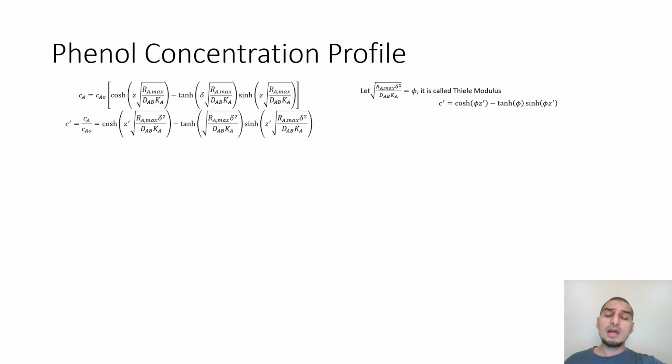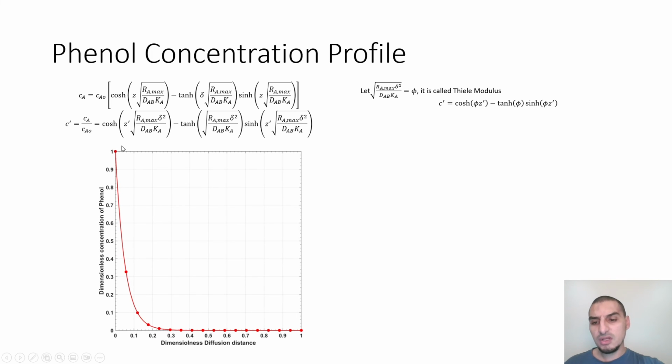Anyway, now when we take a look at the concentration profile, using the information that we have regarding the diffusion coefficient, the value of Thiele modulus will be almost 20, if I remember the number correctly. So the concentration profile will look like this, which means that the film is consuming the phenol within the first 40% of the whole length.